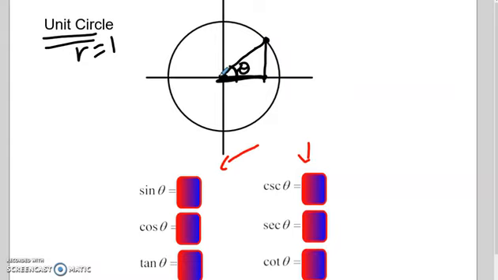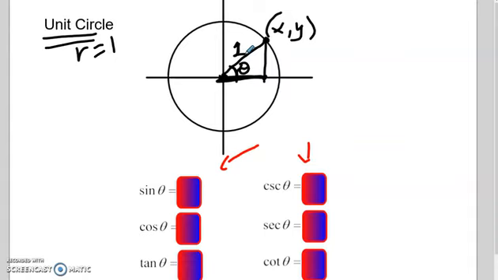And we can identify then this point as some x, y location. And this distance from here to here, from the center to the point, is 1. As I talked about, the radius of the circle is 1, so anywhere we're going is 1.